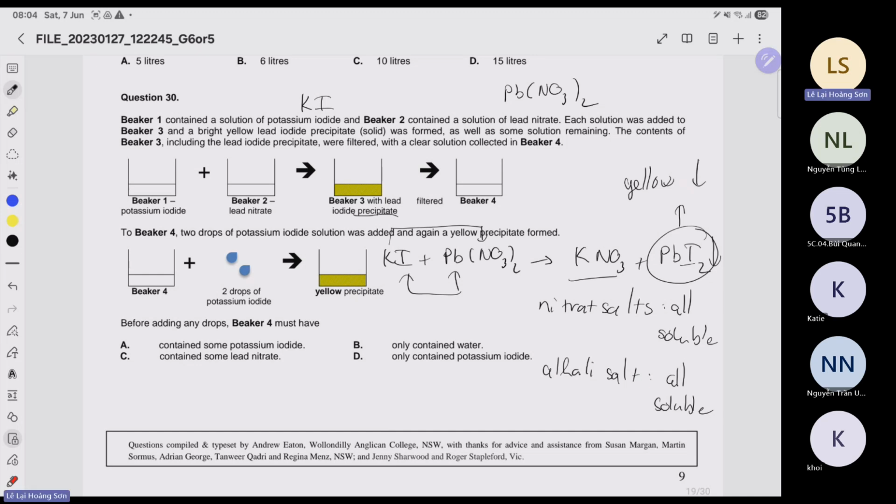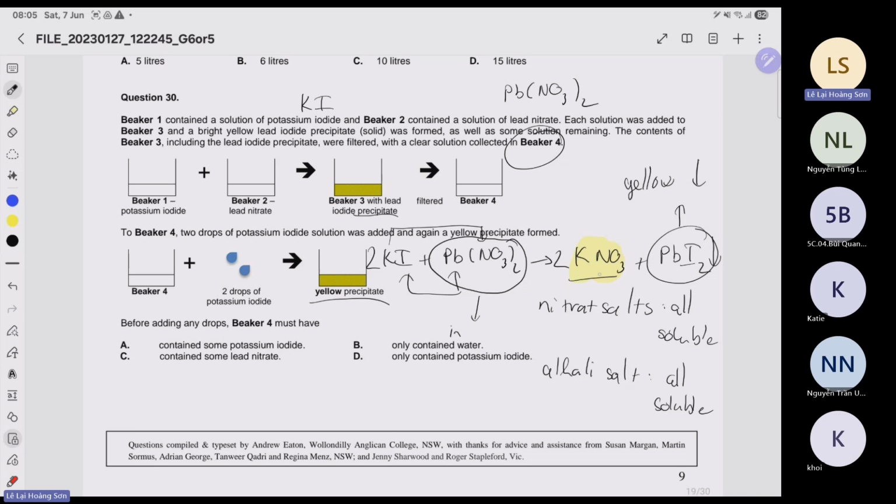So in beaker 4, it will have the solution of potassium nitrate, which is still in the solution. And you add a little bit more potassium iodide, you can still form the yellow precipitate, right? So it means lead-2 nitrate is still in the solution. You have potassium nitrate, of course, because of the product.